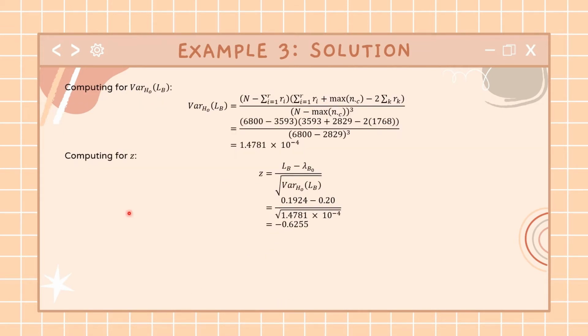Then, computing for the variance of lambda of b under h null, yung R's of k naman natin doon ay mga values lang na papasok doon ay 1768 lang. Kaya mayroon tayong variance na ganito. So, computing for z, we have this form, and z is equal to negative 0.6255.